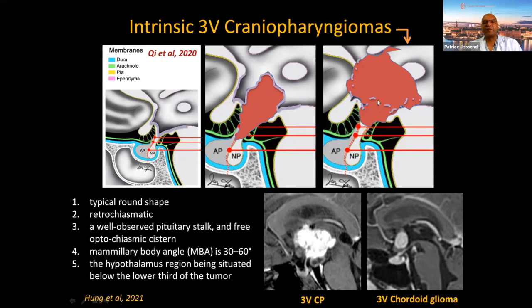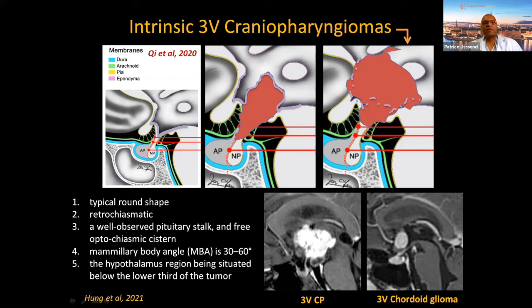So this is really different. And if by means of imaging, you can show the persistence of the ependymal layer or not, you will be able to make the difference. But in this paper, 5 criteria were described that can lead to the final diagnosis. The lesion is typically round-shaped, and the location is retrochiasmatic.